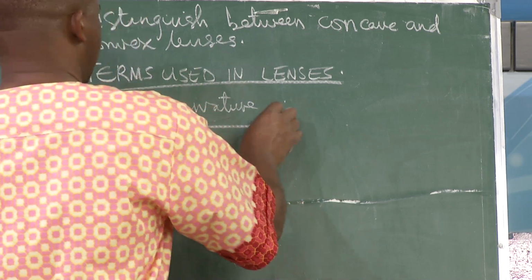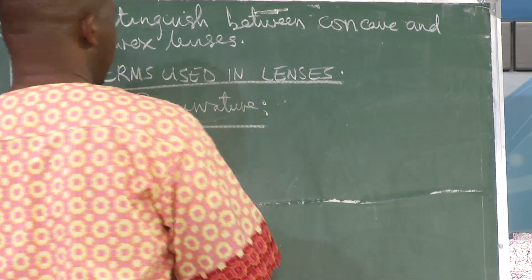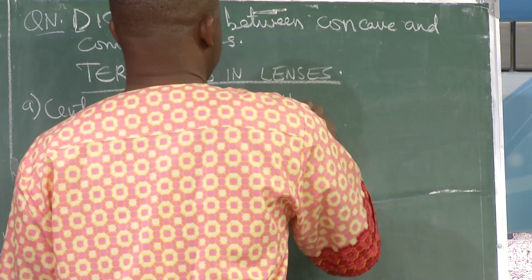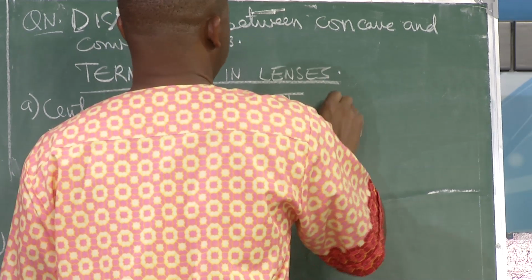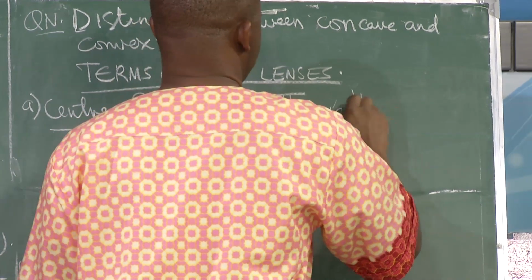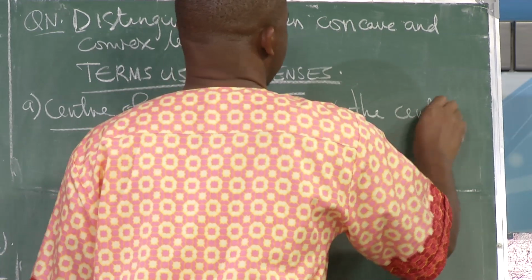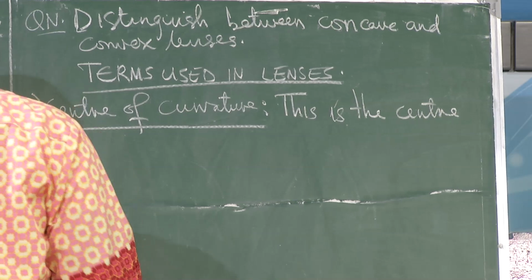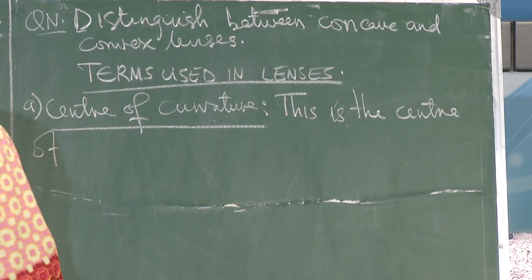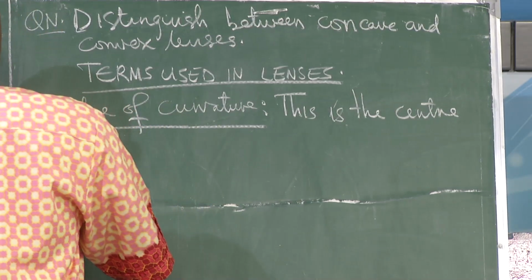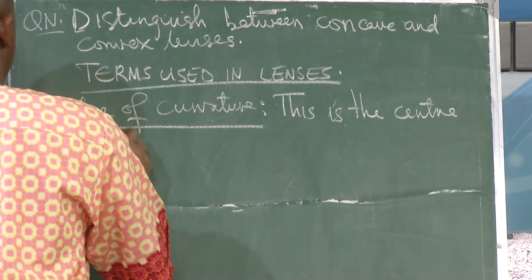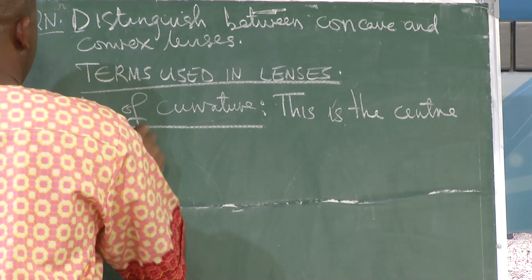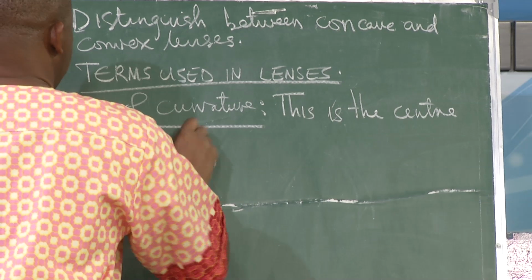The center of curvature can be defined as the center of the sphere or of the spherical surface.